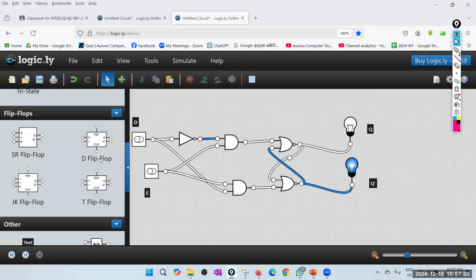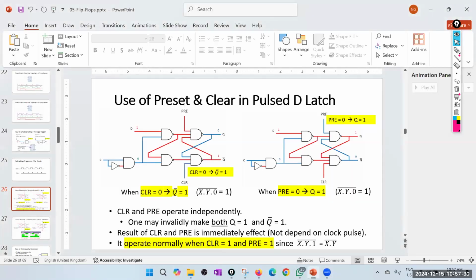If you want to make your Q dash 1 immediately, make sure your clear is 0. You don't care what is happening in the other inputs. Just this will do it, because those are just connected to those NAND gates. Is it clear?